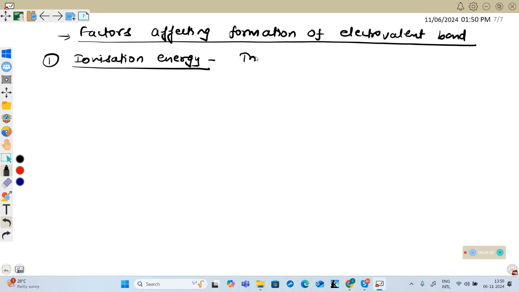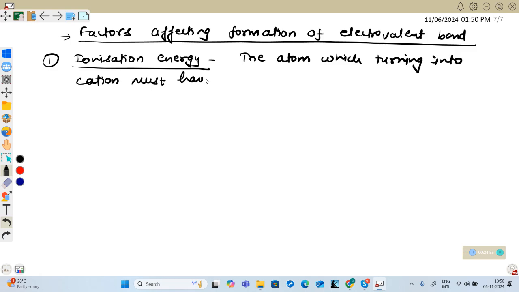That means one atom should easily turn into cations. So the atom which turns into a cation must have a low value of ionization energy. Got it? So then it will turn easily into a cation.